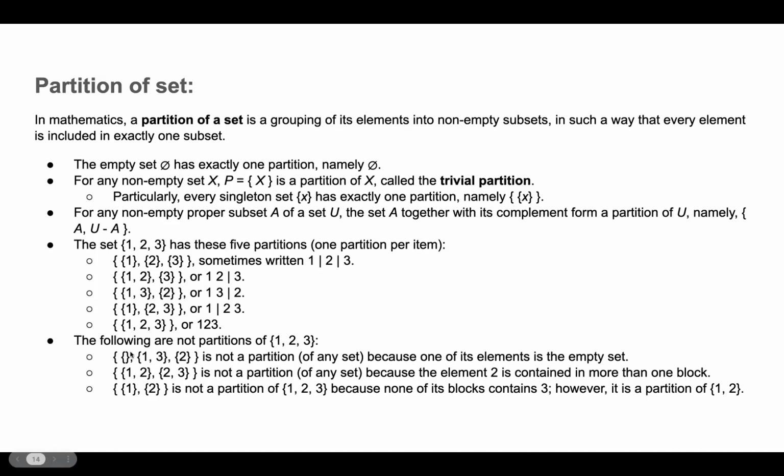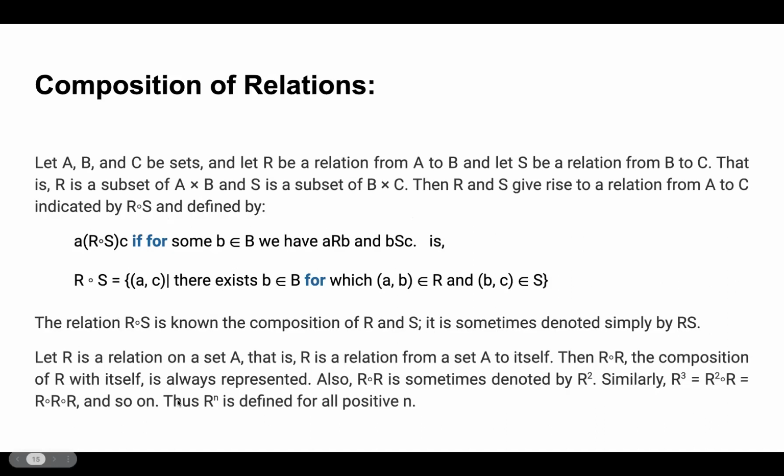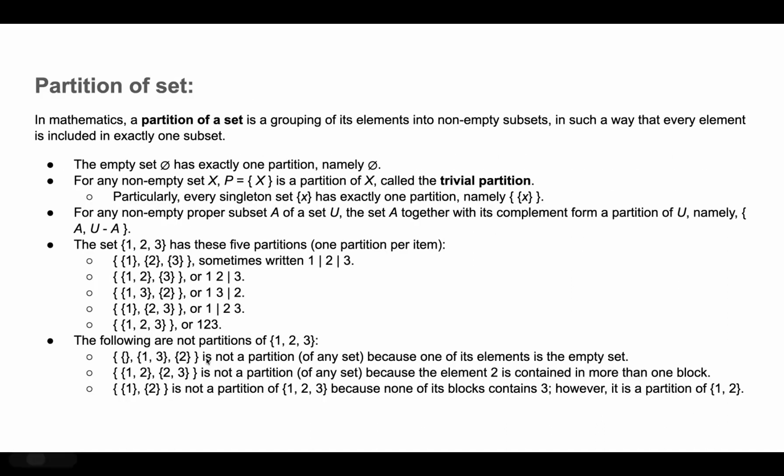Then here the partition should be again like {1}, {2}, {3} or {1, 3}, {2}, like that. Okay, here 2 is occurring twice, so it is not considered a partition of the set. And the last, {1, 2}, is not a partition of {1, 2, 3} because none of its blocks contain 3.